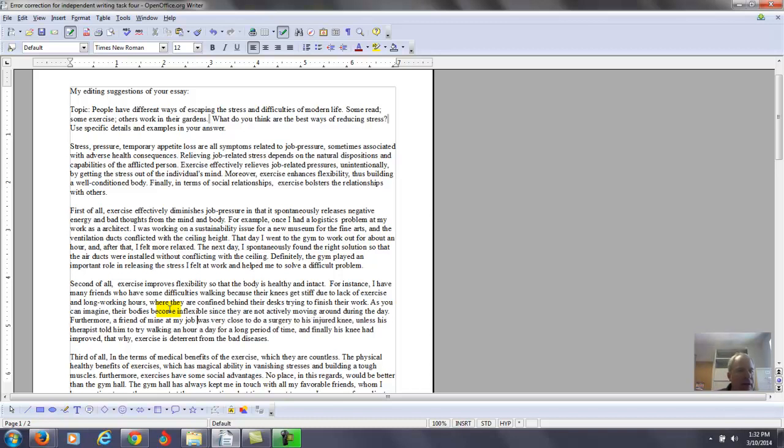You also say healthy and intact because that kind of repeats the key idea in the beginning of that paragraph.